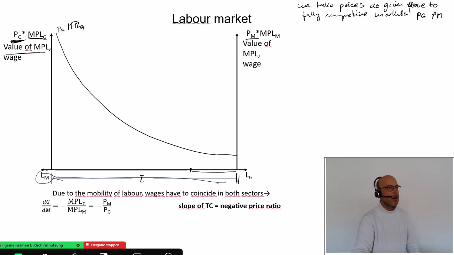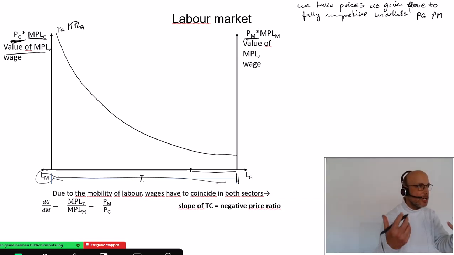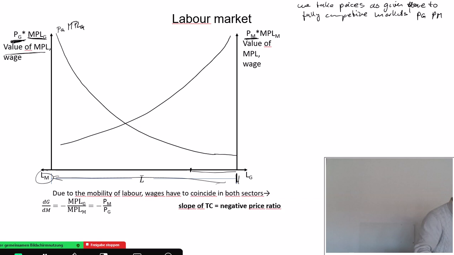So our marginal product now multiplied by the price also doesn't change the general shape, means that our marginal product function looks maybe like this. This is PM times MPLG.